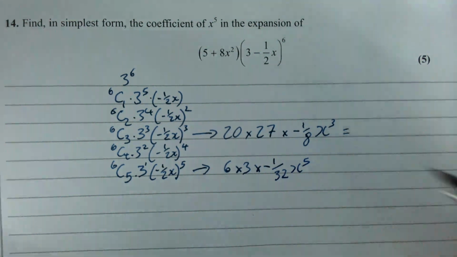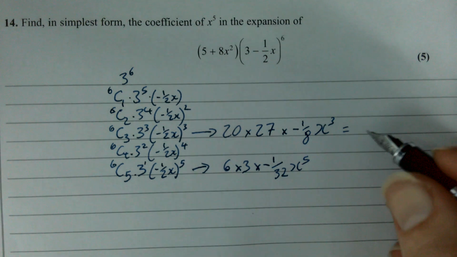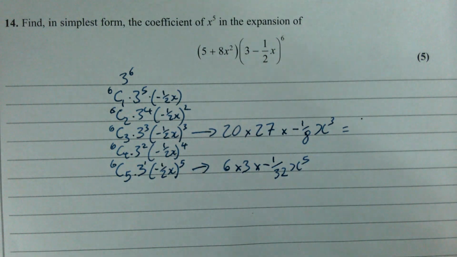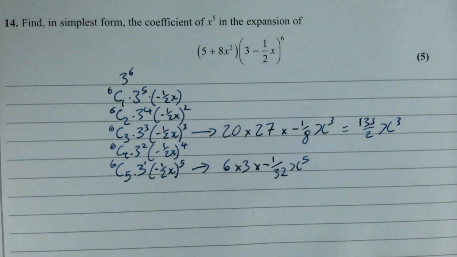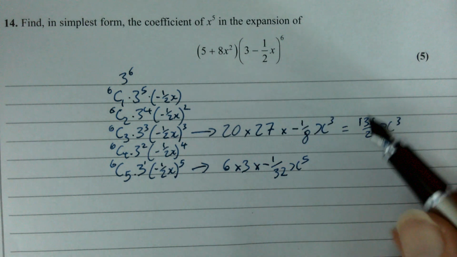So then we just whack those in the calculator to get what they'll be. 20 times 27 equals, divided by 8, gives us 67.5, or 135 over 2 x cubed, and 3 times 6, oh, so negative as well, isn't it?